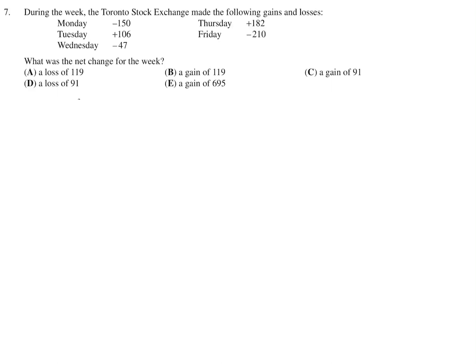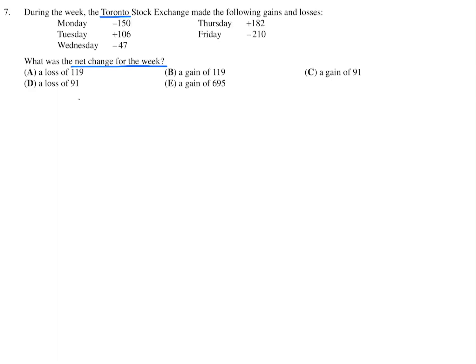During the week, the Toronto Stock Exchange (Toronto is a city in Ontario, Canada, that's where I'm from actually) made the following gains and losses. On Monday, minus 150, Tuesday, plus 106, Wednesday, minus 47, Thursday, 182, and Friday, minus 210. And they're asking, what is the net change for the week?